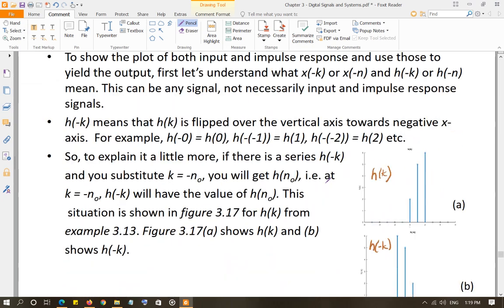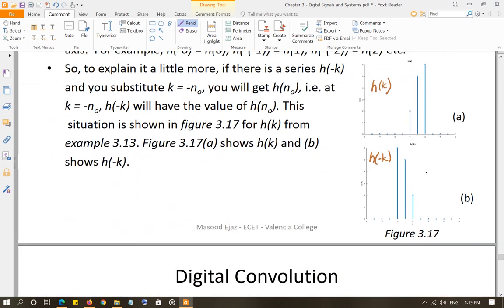So 1 minus k is basically this sequence, but shifted towards the right by one time instant. Again, the h of negative k sequence shifted towards the right by one time instant. So what's going to happen? Whatever you see here is going to be at n is equal to, or k is equal to, 1.